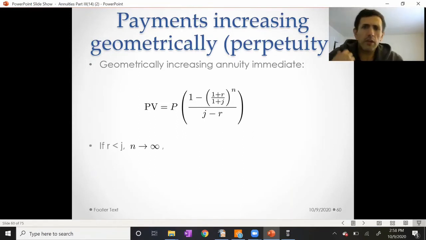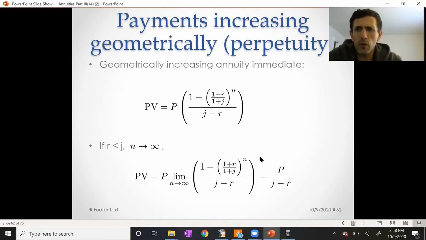So we can look at what happens when we just keep doing this indefinitely, which is the same thing as saying the number of payment periods goes to infinity. And as long as R is less than J, so that this quantity here, where my cursor is, is going to be strictly between 0 and 1, then when we let N go to infinity, that's going to be 0.